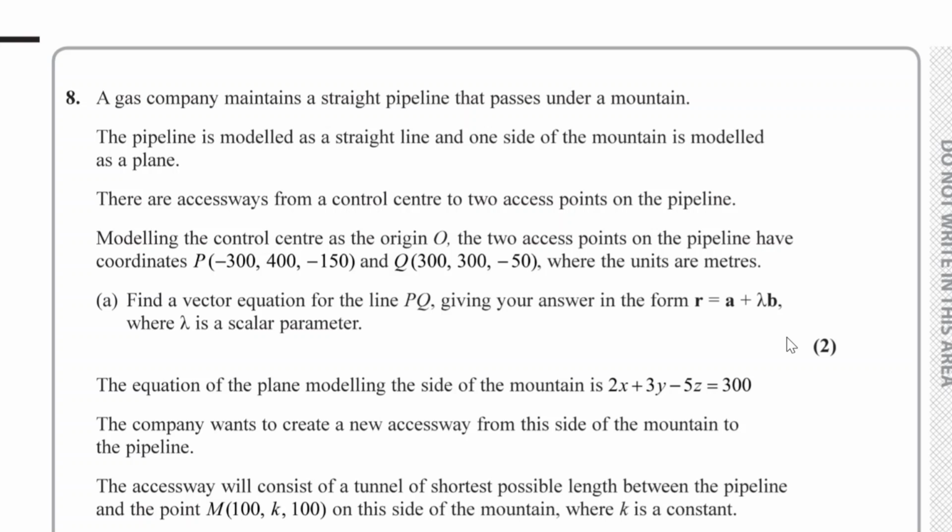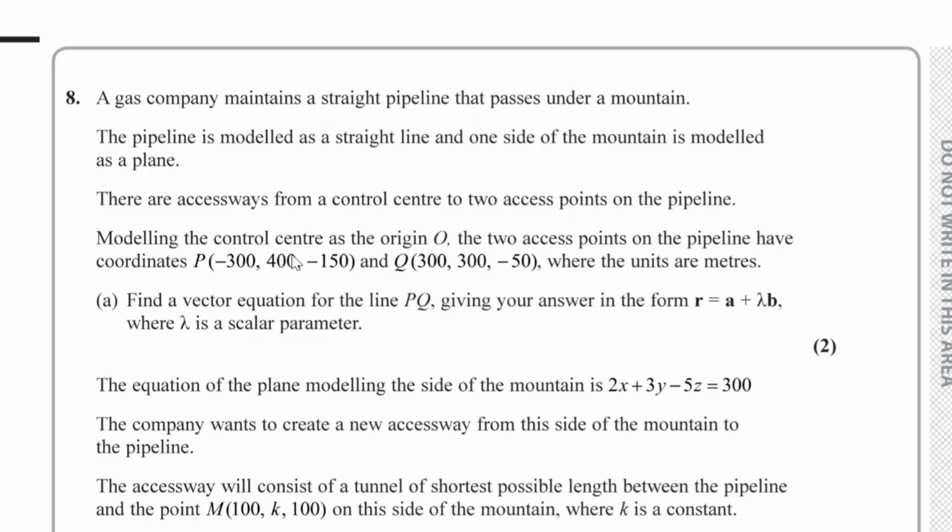Question number 8. A gas company maintains a straight pipeline that passes under a mountain. The pipeline is modelled as a straight line, and one side of the mountain is modelled as a plane. There are access ways from a control center to two access points on the pipeline.